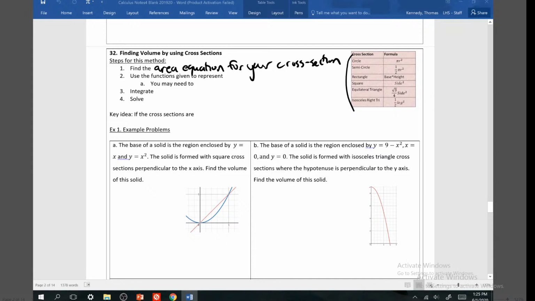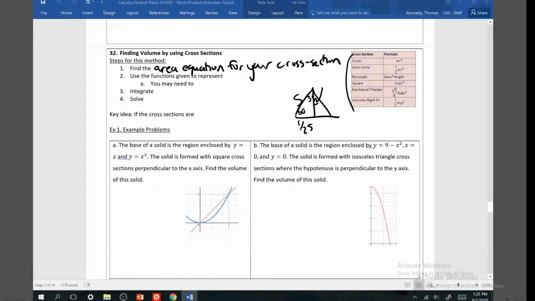Equilateral triangle, if you're wondering why it's √3/4 side squared, it has to do with how you find the area of an equilateral triangle, which is if you cut it in half, it makes a 30, 60, 90, like so. We know that each of the long sides is side, which means if I cut this in half, this is half side.